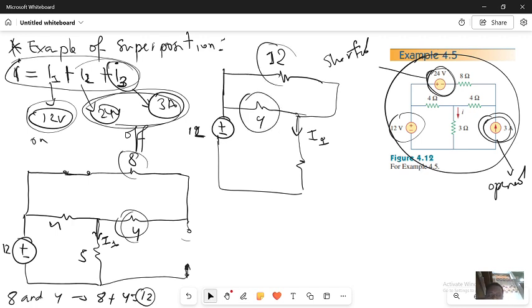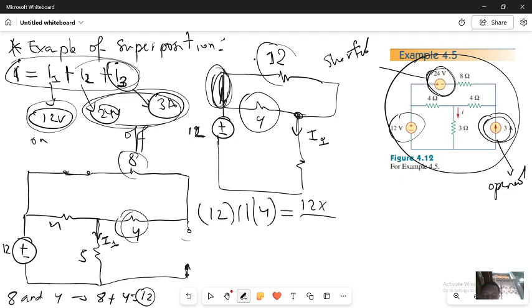This 12 and this 4 are in parallel. How? Because they are connected in the same node, between two elements. So the 12 and the 4 are in parallel. How do we calculate that?